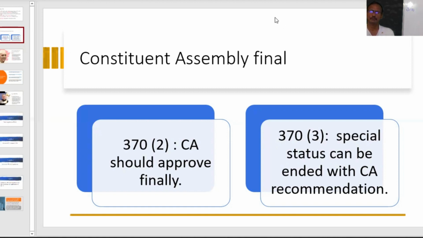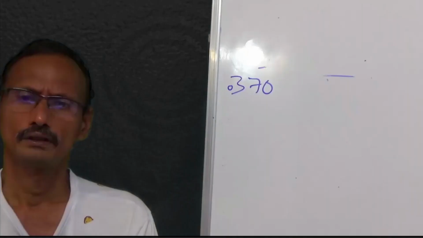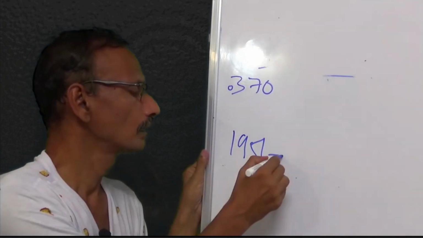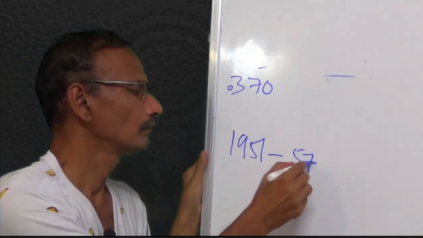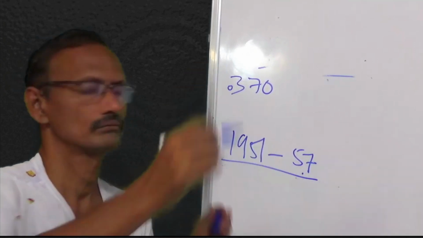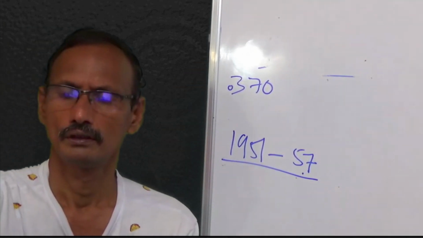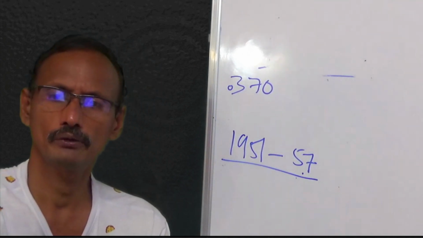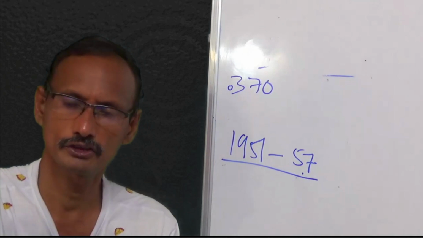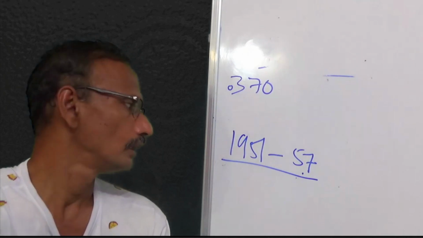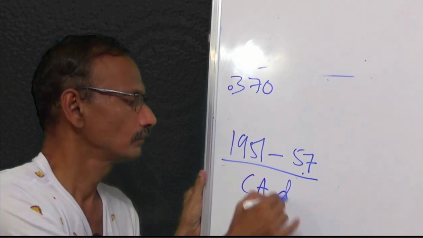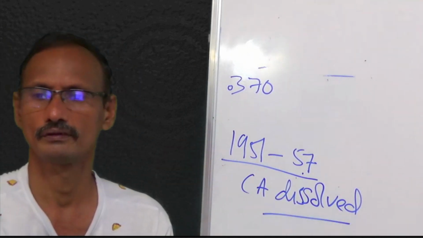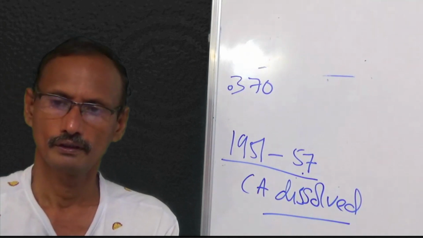But the problem is this Constituent Assembly was formed in 1951 and dissolved in 1957. The Constitution of Jammu and Kashmir came into effect on 1957 January 26th, and so the Constituent Assembly dissolved. Okay.